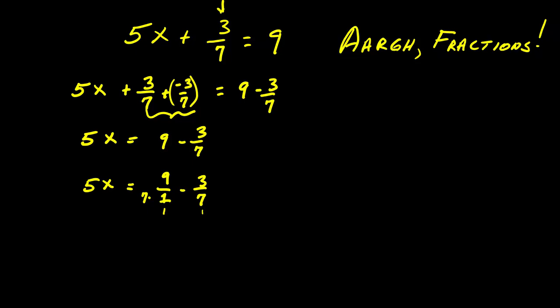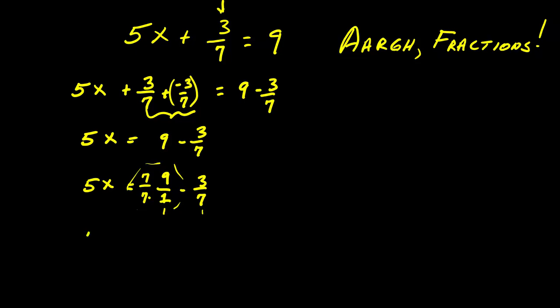But if I multiply only the denominator, it changes the value of this term. So I'm going to go ahead and multiply the numerator by 7 at the same time. You'll recognize that 7 divided by 7 is 1. And whenever we multiply any number by 1, we get the same number back. It's just going to look a little bit different. That's called the multiplicative inverse. Pardon me, the multiplicative identity.